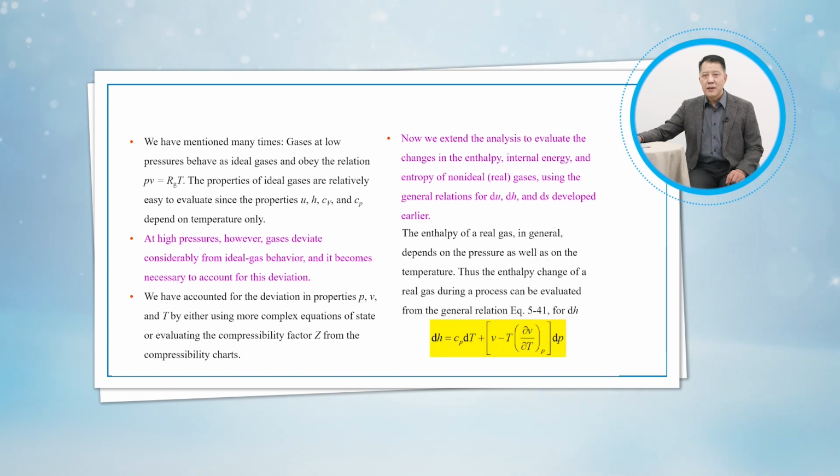The enthalpy of a real gas in general depends on the pressure as well as on the temperature. Thus, the enthalpy change of a real gas during a process can be evaluated from the generalized relation equation 541 for dh.